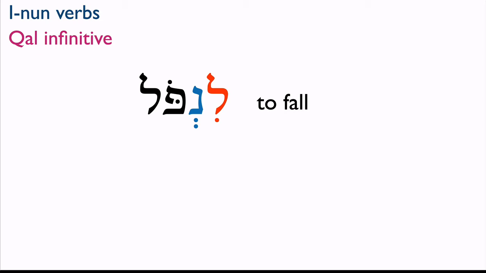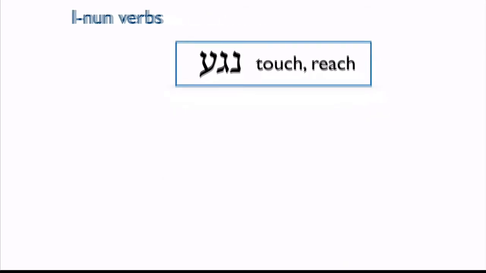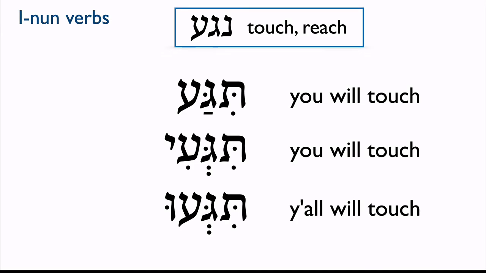That's all there is to say about the first type of first nun verbs. But you saw at the beginning, we put up a couple different first nun verbs, and the third of these, naga, to touch or to reach, will illustrate the second type. And the difference between these two types is quite slight. It really just pertains to how you make the imperative and the infinitive.